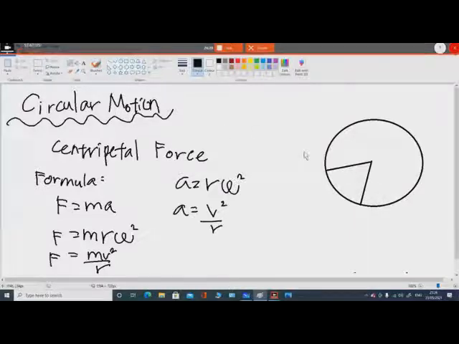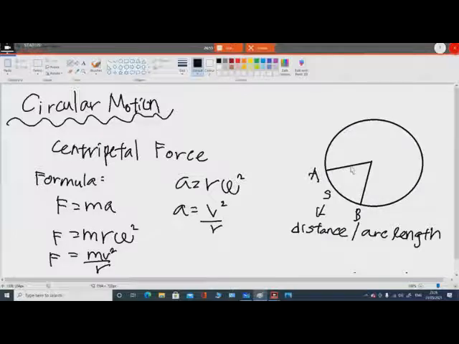This will be point A and this one will be point B. From A to B there will be a distance here, which is our arc length. So from A to B, this will be our distance.